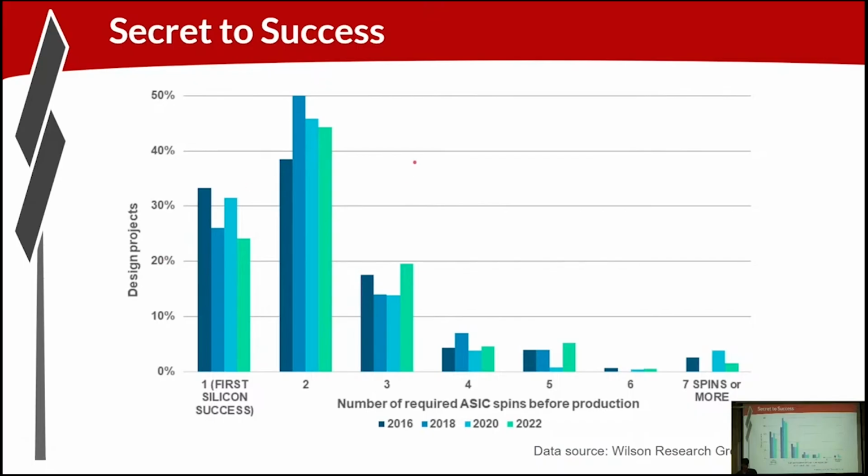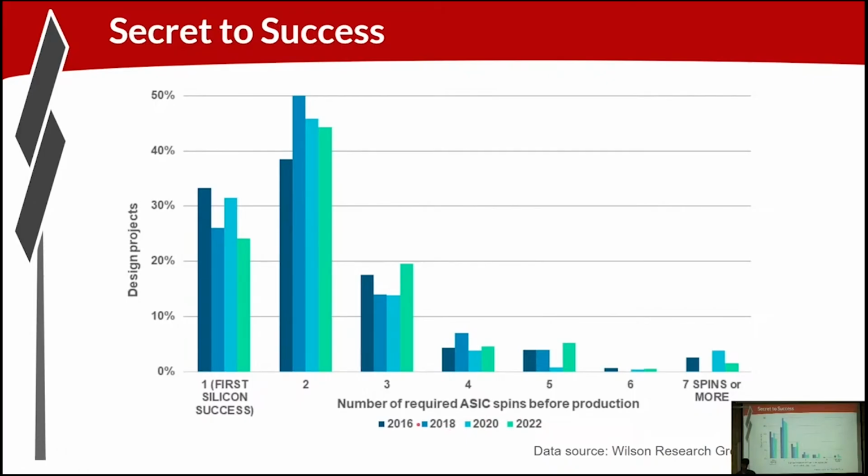A couple plots I pulled from Wilson Research Group, which does studies and surveys and so on in the industry. I don't know exactly the range of ASICs that were covered here, but this is the data they collected.